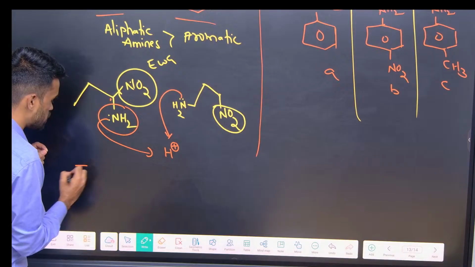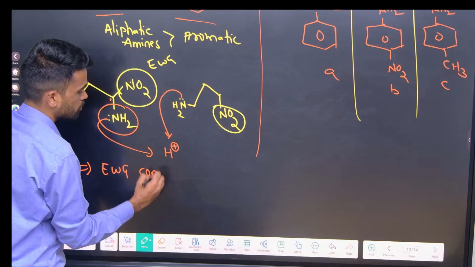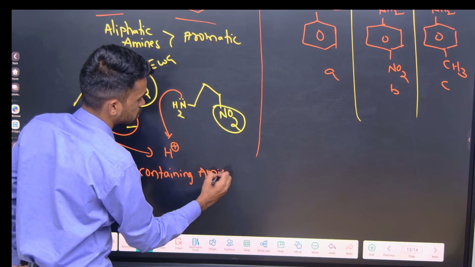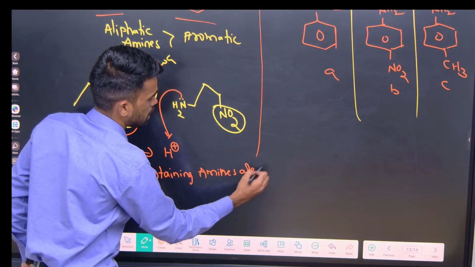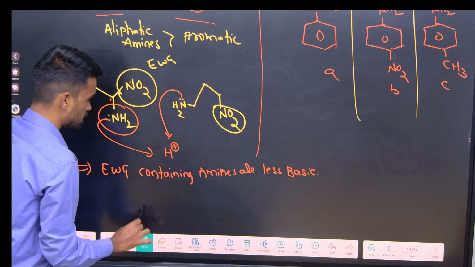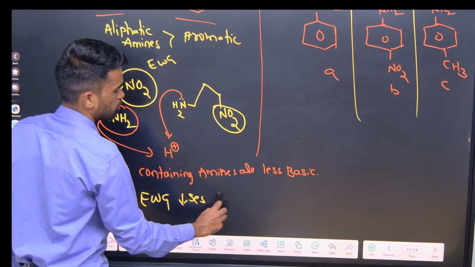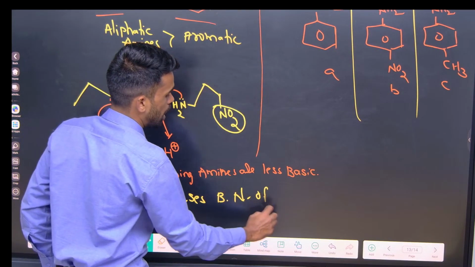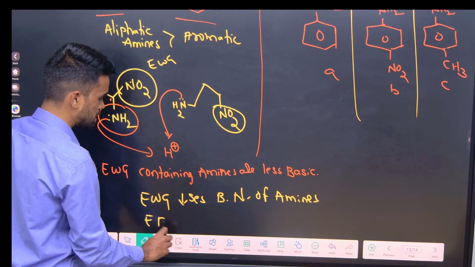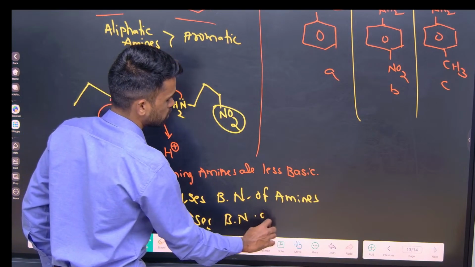If it is close, its basic nature is less, because the electron withdrawing group drags the electrons towards itself. So now I am making a statement: amines containing electron withdrawing groups are less basic. Another way to say it: electron withdrawing groups decrease the basic nature of amines, whereas electron releasing groups increase the basic nature of amines.